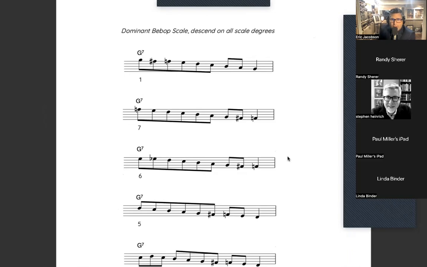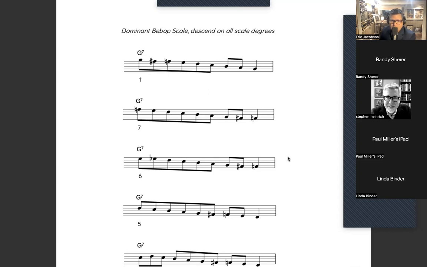This is one of the most important rules and practices that you have to do to make everything that we do in the end make sense. If you only practice starting on the 1, for example, you're missing out on all the different options you'll have eventually when you learn how to descend on the scale on all scale degrees.